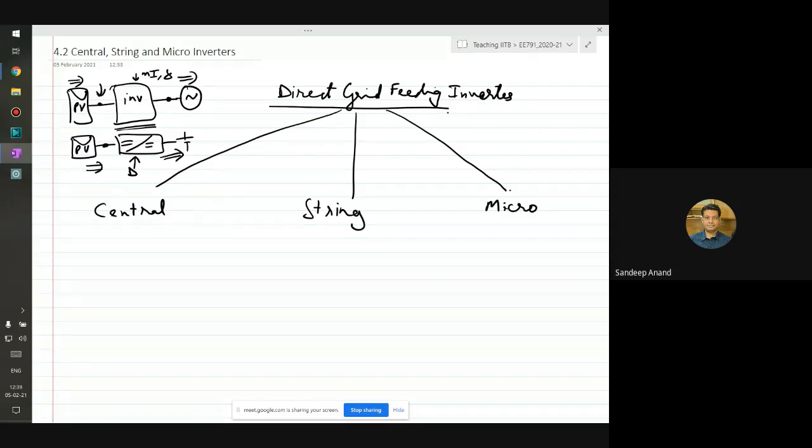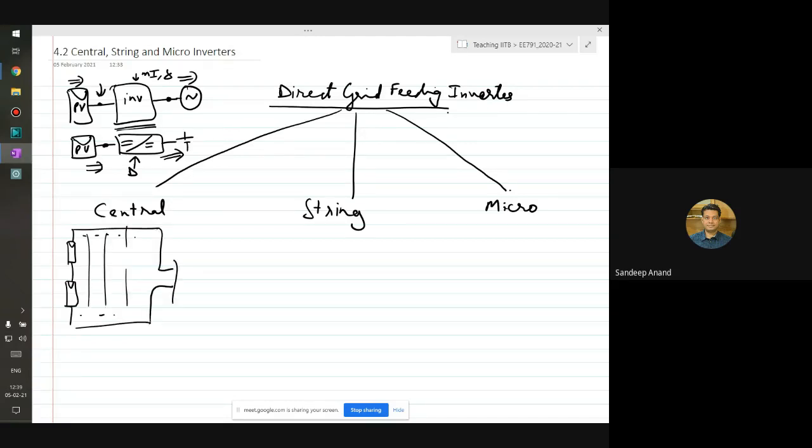One of them is central inverters, right? They are usually big inverters. If you see these central inverters, there are multiple inverter panels which are connected in series and form a string, and then multiple such strings are connected, and all of this connects together and goes to a really high power inverter, which is this central inverter.